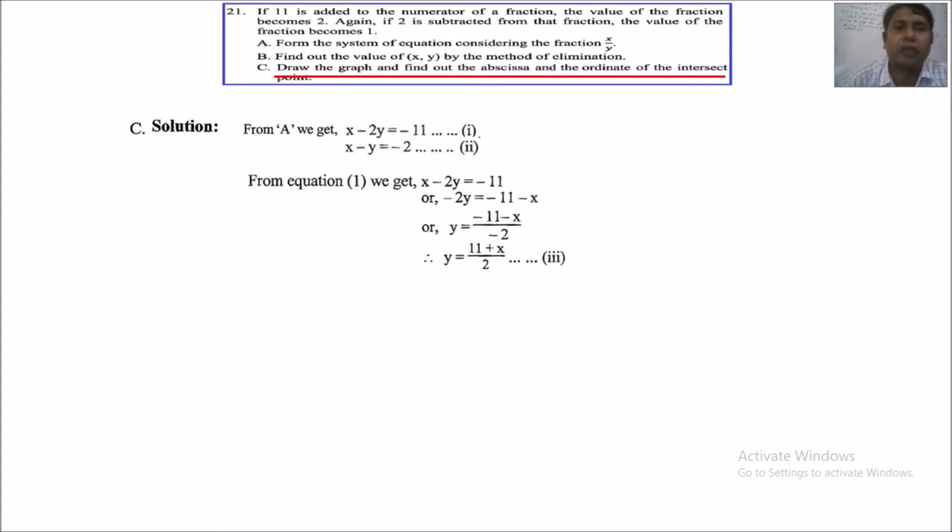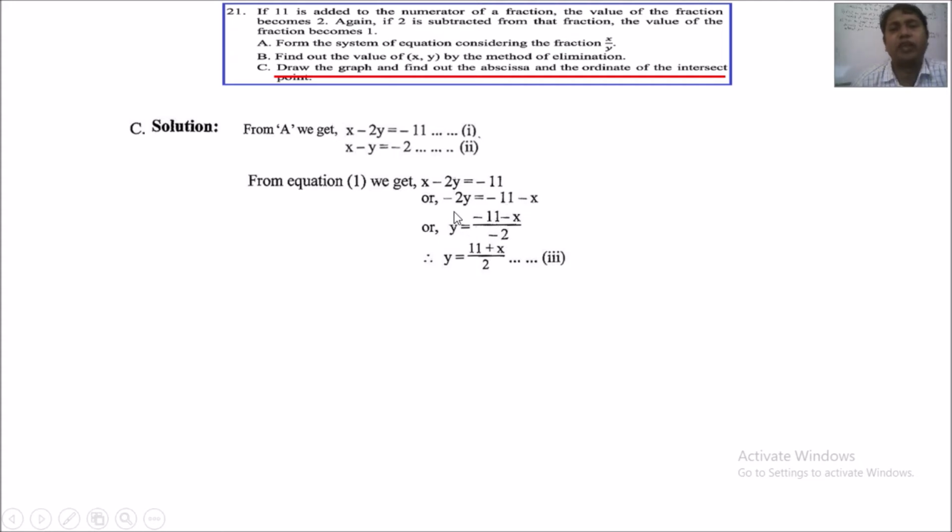So from equation 1 we are going to find out y. That means except y on the left side, all the things are to be transferred to the right side. So x minus 2y equal to minus 11. So minus 2y, you can see here x is just transferred to the right side. So minus 2y equal to minus 11 minus x.